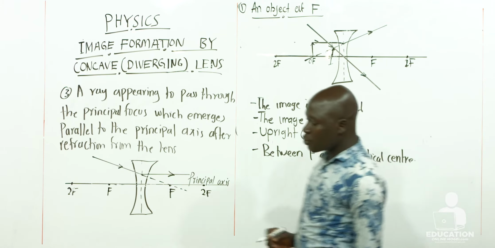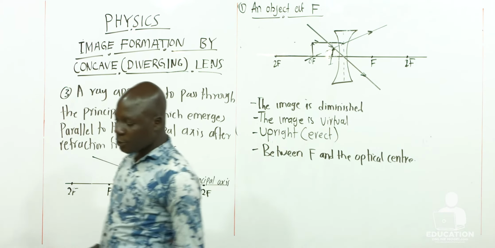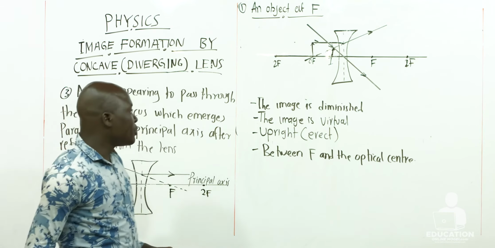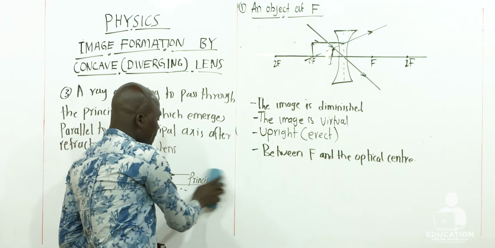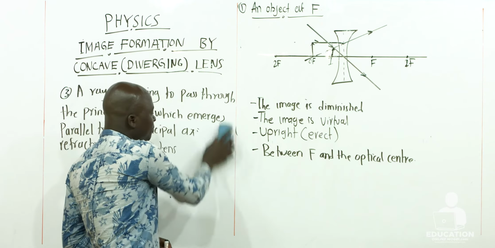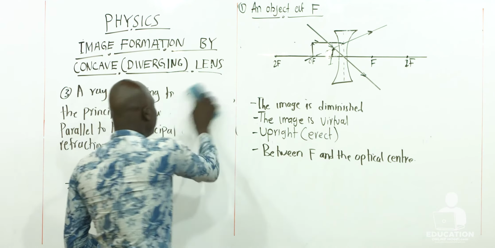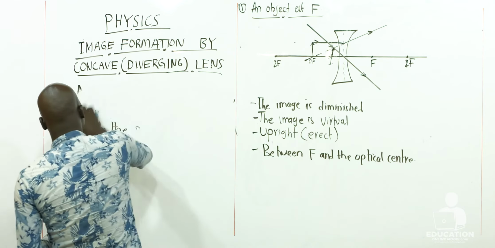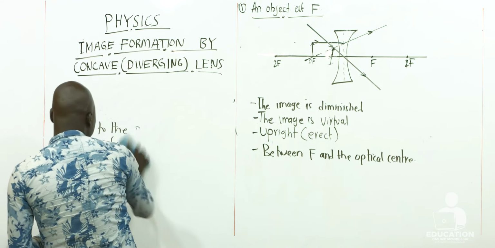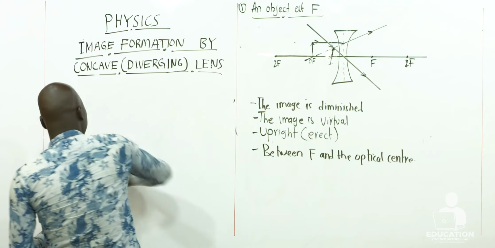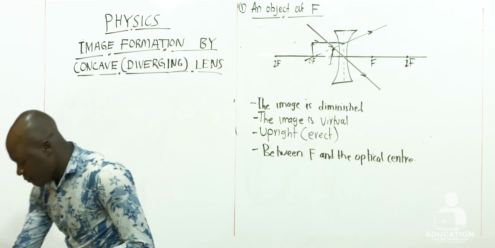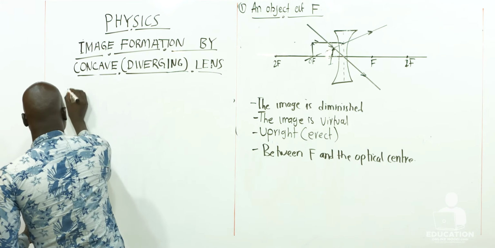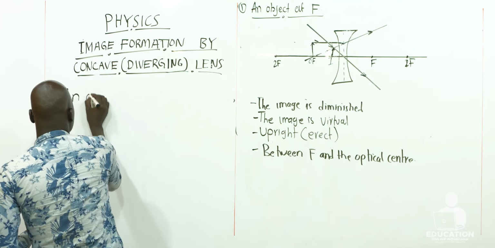Dear learners, let us also look at a second position where we can place an object. Then we see also the characteristics of the image that will be formed. Now the second position is we are going to place an object between f and 2f.